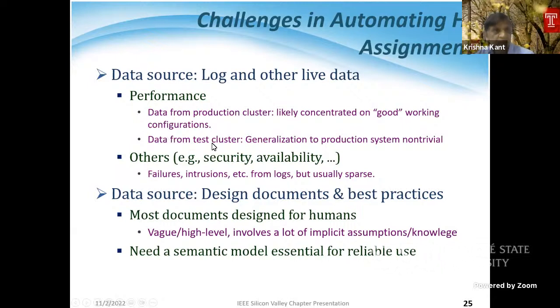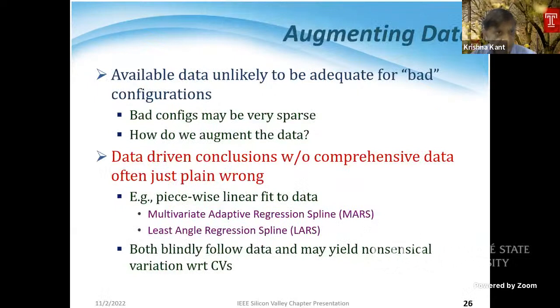If you take the data from the test cluster, which can generally do a lot more varied experimentation, you might have some difficulty in generalizing it to the production system. So the big question is that since our data is sparse, how do we augment the data? That's a big problem.